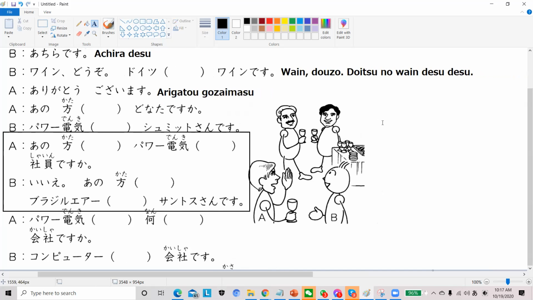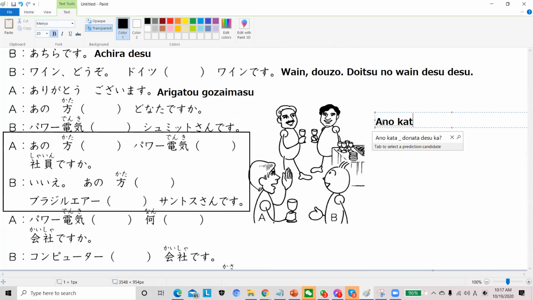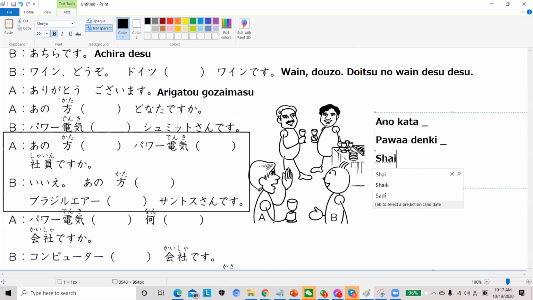Anokata, Pawa Denki, blank, shain desu ka? Okay, go ahead. Answer first.